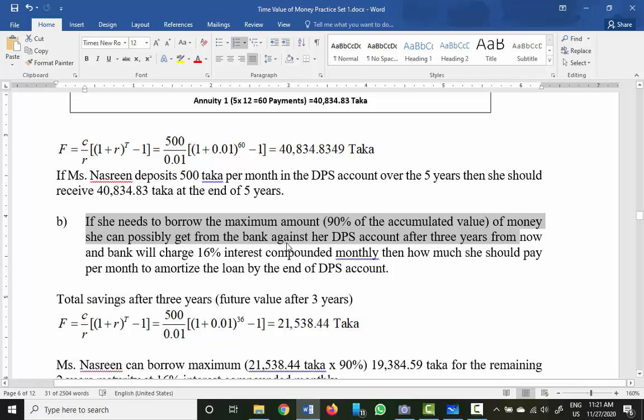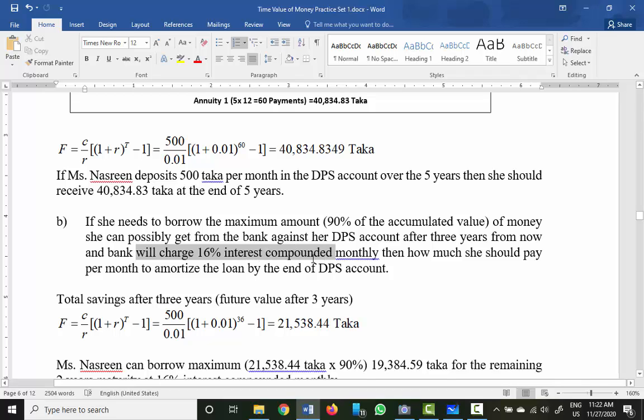Bank said that she can borrow maximum 90% of the accumulated value. That means Miss Nasreen can borrow maximum 90% of the total savings up to 3 years, right? And the bank will give her a loan against that DPS account.